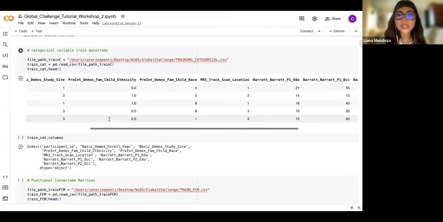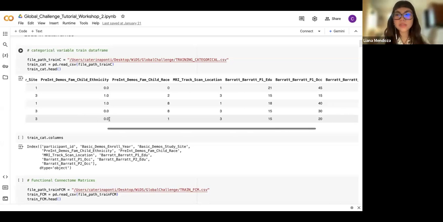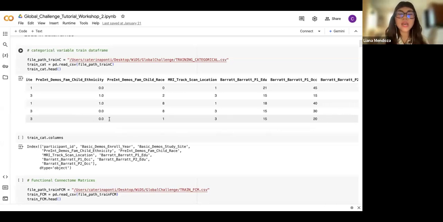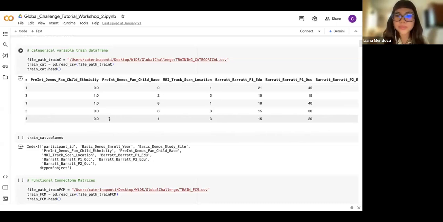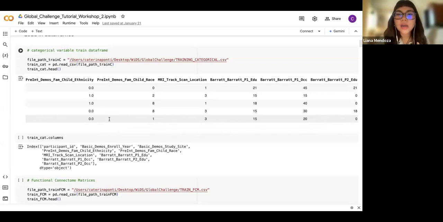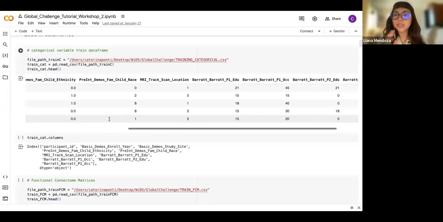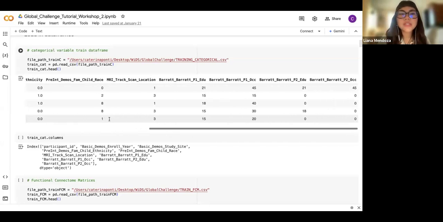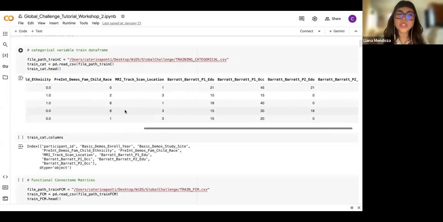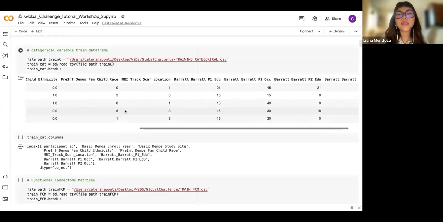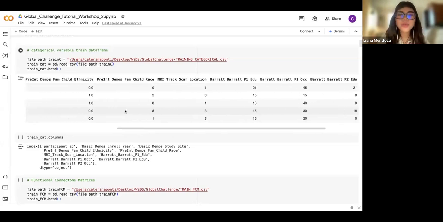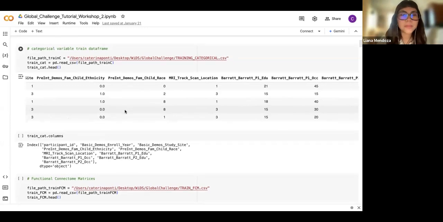What each integer represents specifically in the categorical data frame ranges from demographics, where the MRI was done or what location it was performed in, to details about parent education, the level of education and such. Again, what each integer represents can be seen in the data dictionary in Kaggle, which we also talked about in the last workshop.